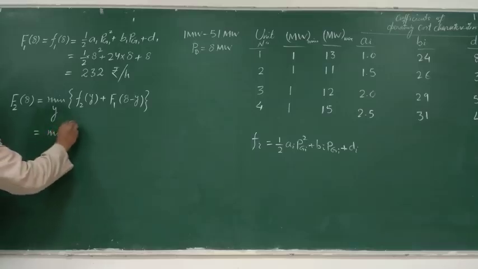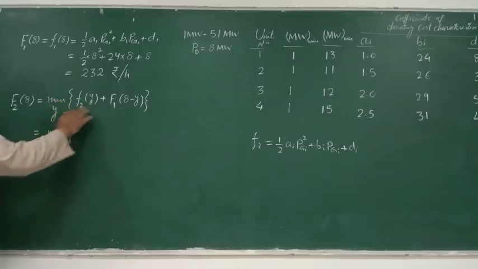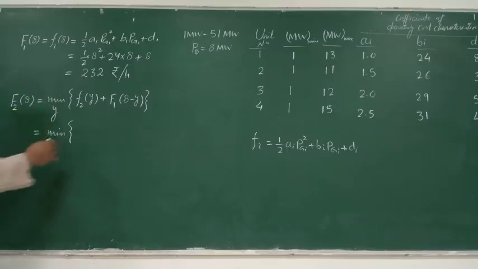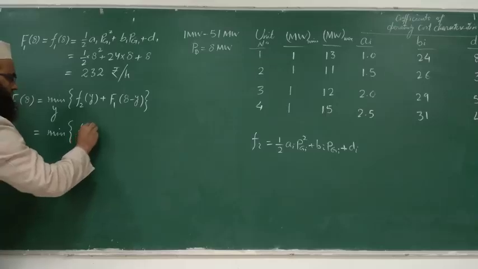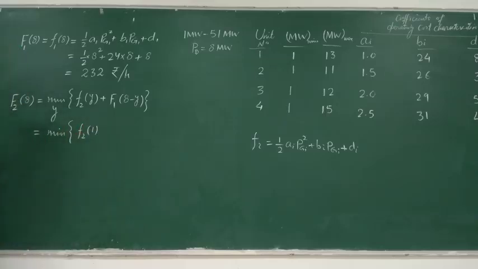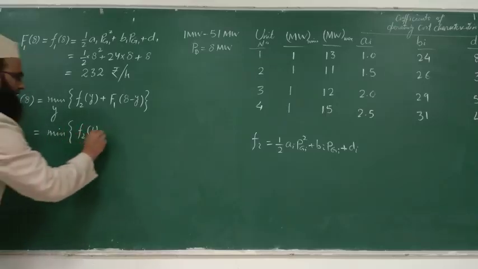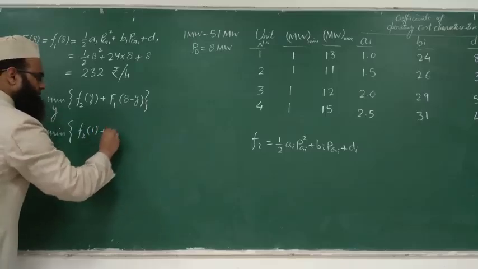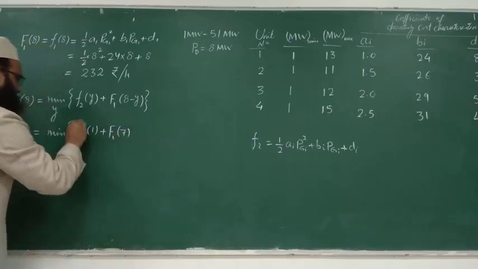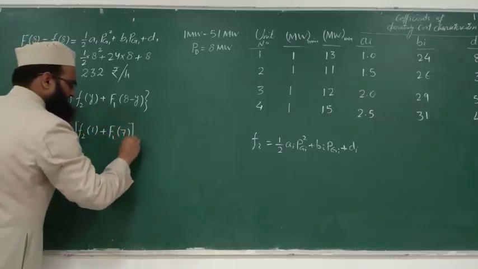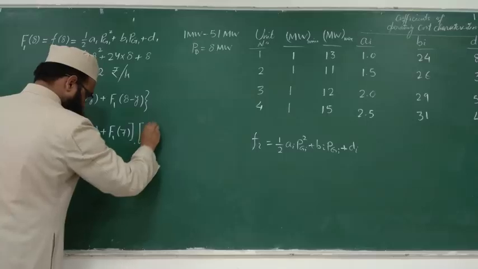So this can further be written as min over y, with y starting from 1 up to, we will see, depending upon the demand. So we will write F2(1), minimum loading will be 1, plus the remaining will be F1(7). Fine, one combination is this. What is the second combination? Write all combinations.